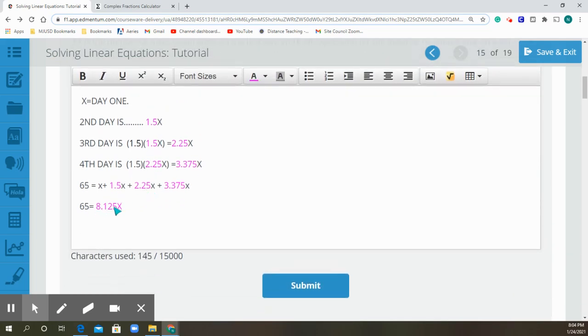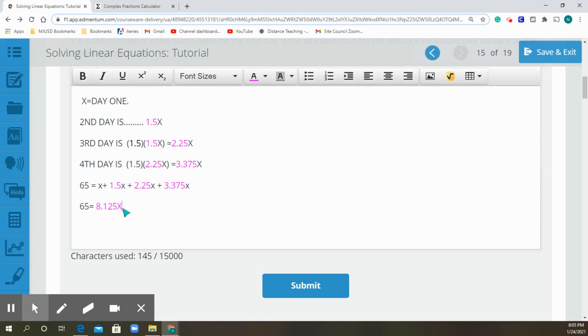So now, remember, we want to get the variable on one side and the numbers on the other side. So here's what we got to do. All right, and then if you remember, in order to get rid of the numbers in front of the variable, we have to undo it. So 8.125 multiplied by x, to undo that, we need to divide this number out.